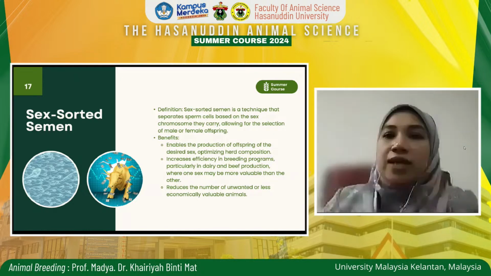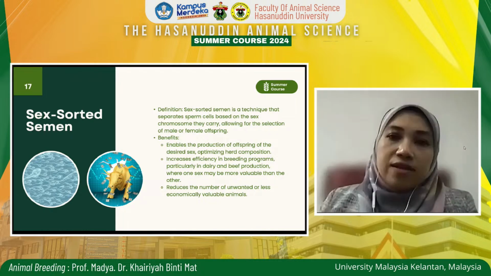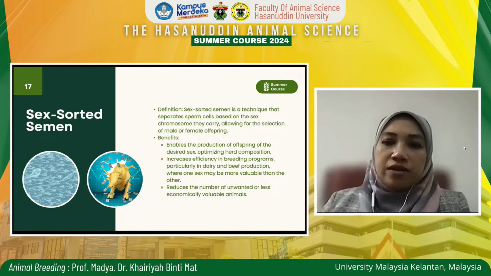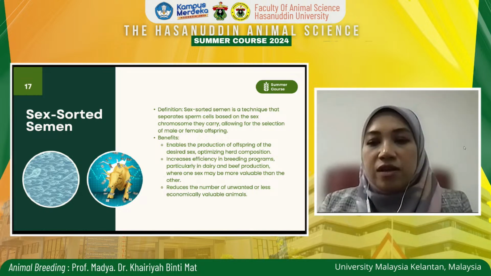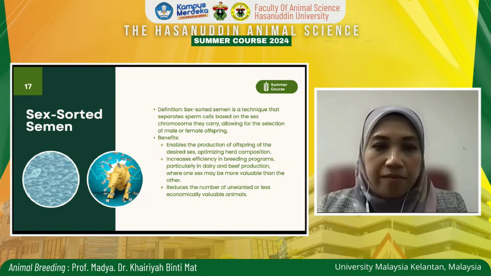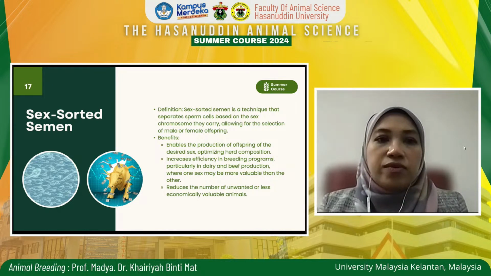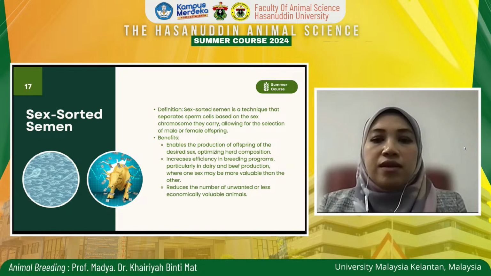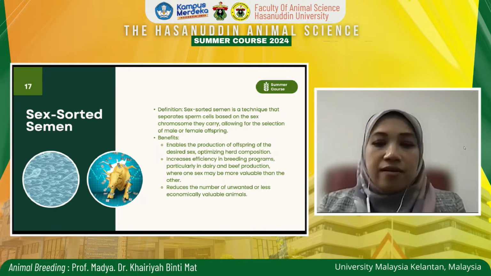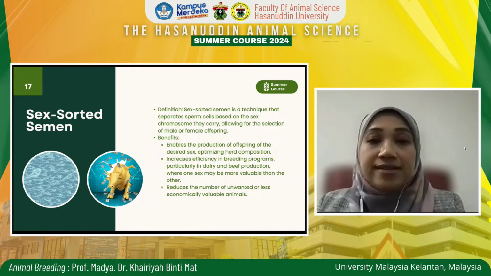So normally they just cull the male calf to reduce the cost, because the male calf is not required in huge number in a dairy farm. So that's why by using this technology, we can reduce the number of unwanted animals, so we can reduce some unnecessary procedures.